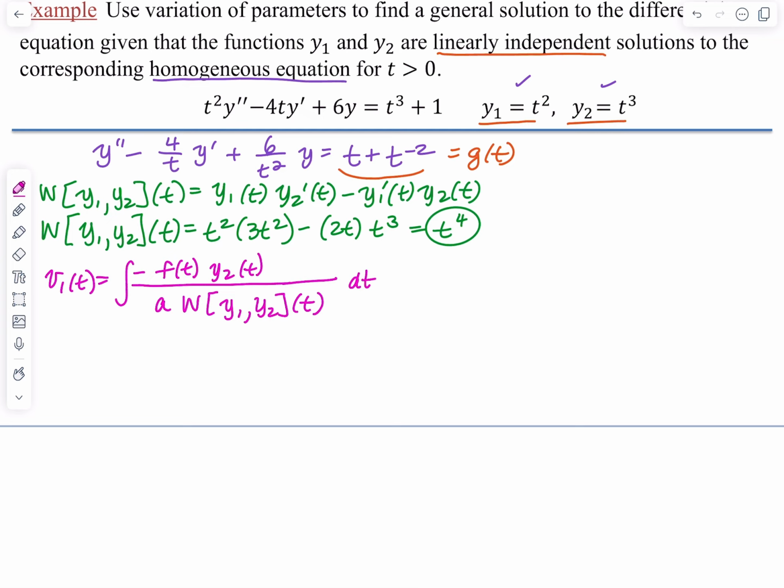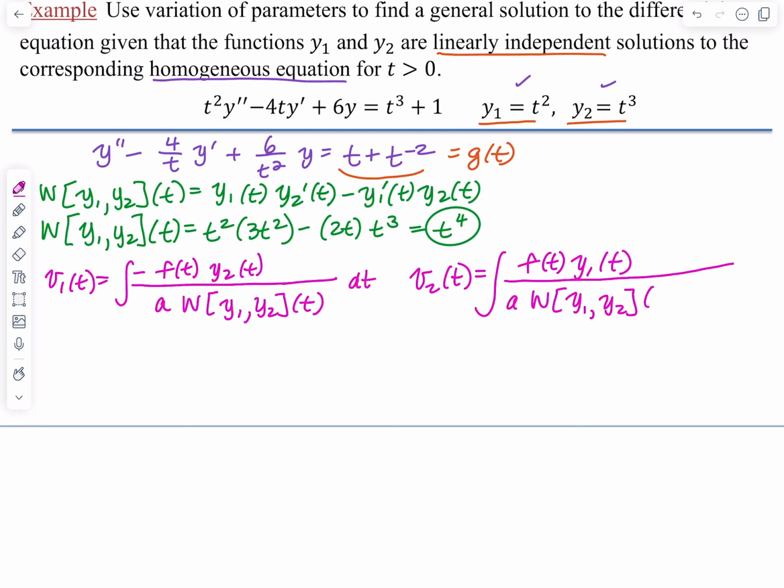And likewise, v2 of t is equal to the integral of f of t, y1 of t, divided by a multiplied by the Wronskian of our two functions with respect to t, dt. And again, this t to the fourth is going to be equal to this Wronskian.